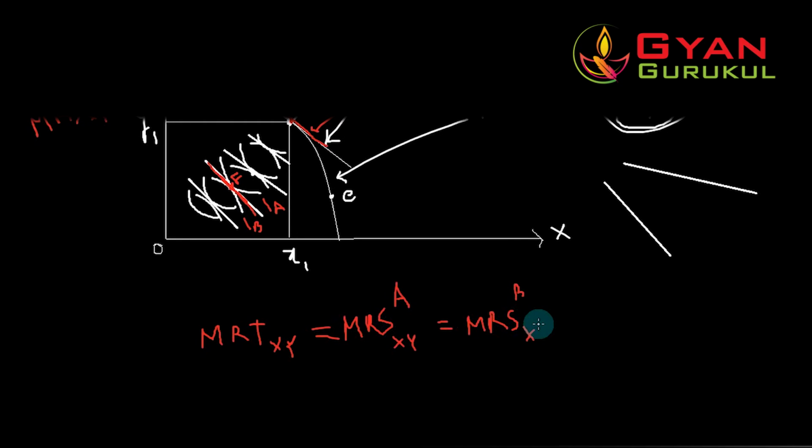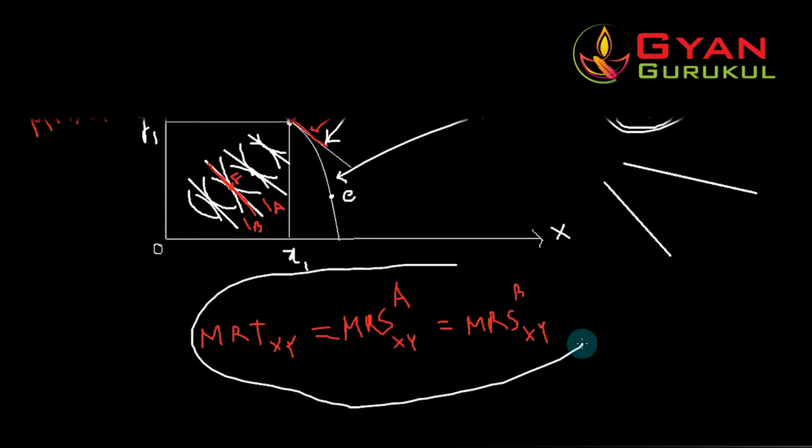So this is the criteria that we have to fulfill. This is the criteria of equilibrium, or best possible combination for the economy as a whole.